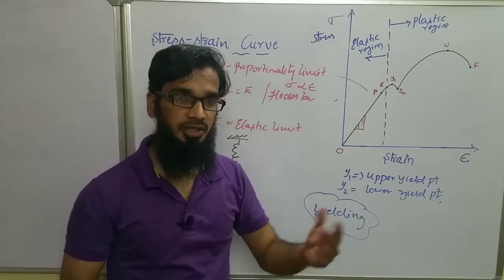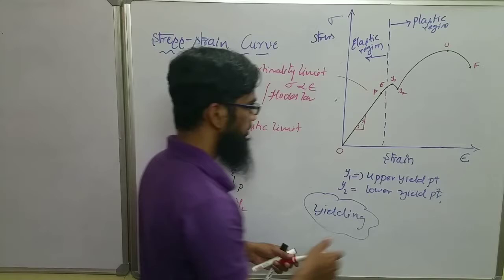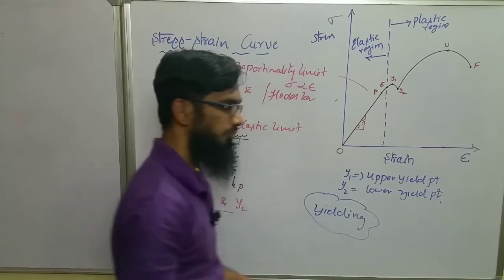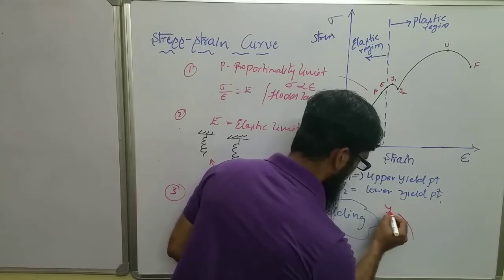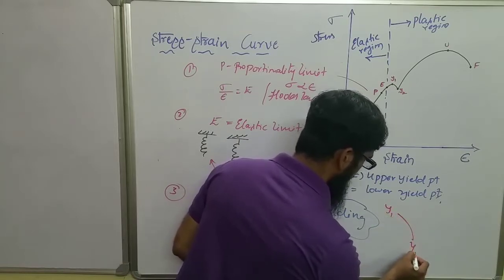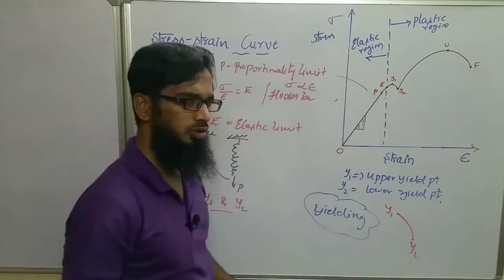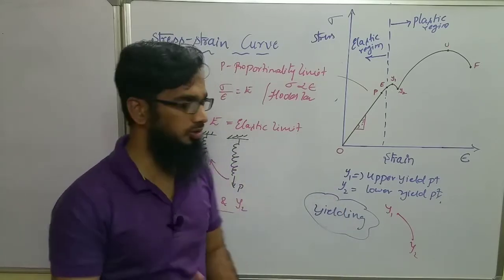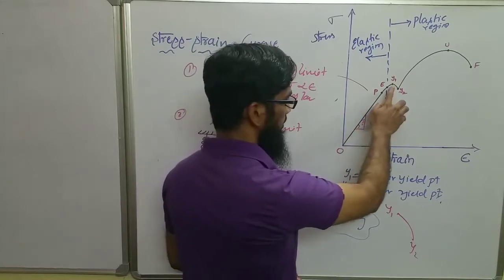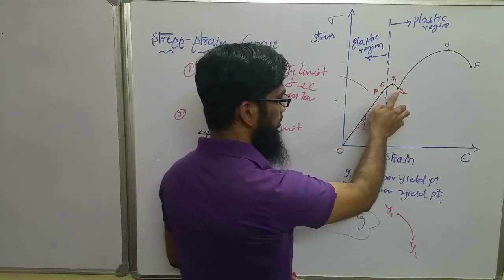Now Y2 decreases. Y1 is somewhere here and Y2 is here. A lot of questions arise, because once deformation takes place, the stress should also increase. But after Y1, the stress at Y2 decreases.